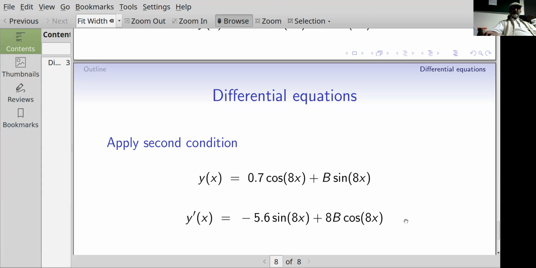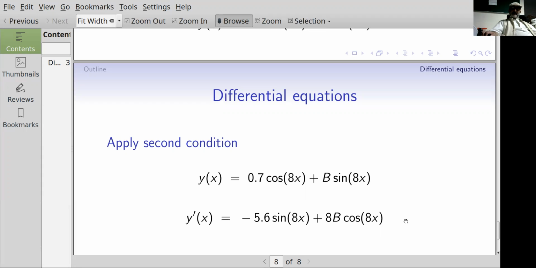So the derivative of the first summand is minus 5.6 sine of 8x. And the derivative of sine of 8x is 8 cos of 8x, so the second summand gives us 8b times cos of 8x. So that's what the first derivative of y is.